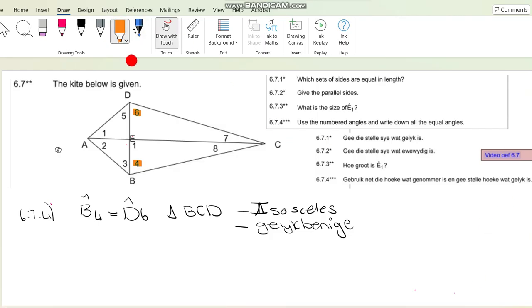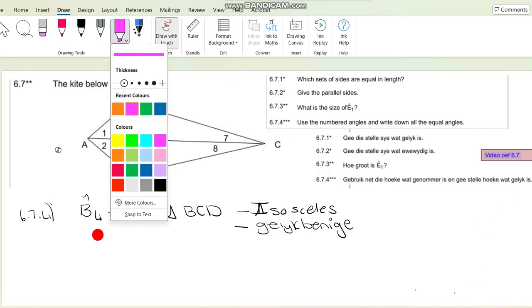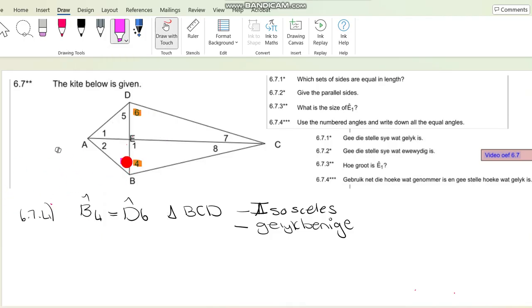Then we can look at another one. Let me get a new color. Let's choose B3. So if we take B3, that will be the same as B5, and the reason is the same. Because if you also look at that, if you only take that angle there, it's also an isosceles triangle.